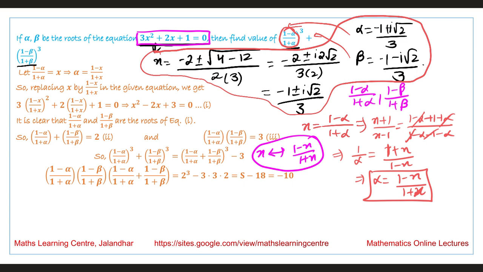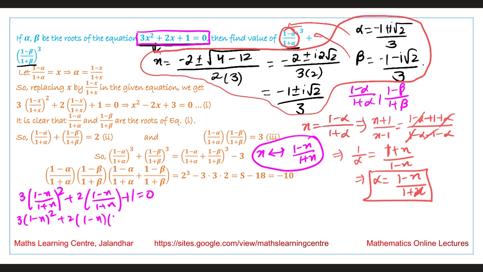So if we substitute this value over here, we obtain 3 into (1 minus x over 1 plus x) square plus 2 into 1 minus x over 1 plus x plus 1 is equal to 0. On solving this, we obtain 3 into (1 minus x) square plus 2 into (1 minus x) into (1 plus x) plus (1 plus x) square is equal to 0. On solving this equation, we obtain x square minus 2x plus 3 is equal to 0.